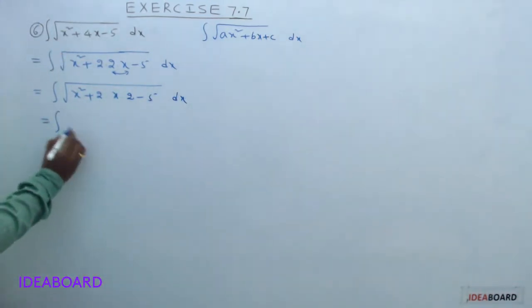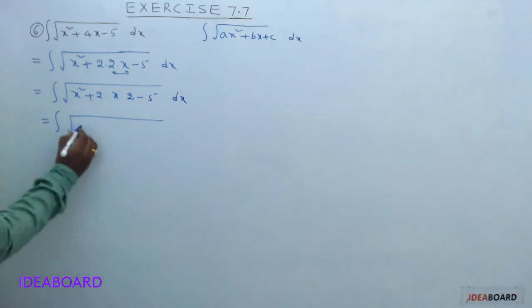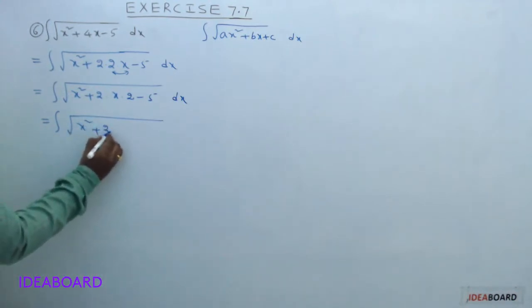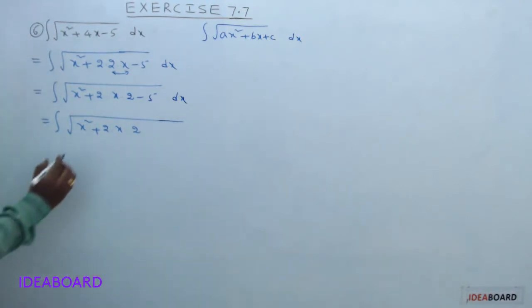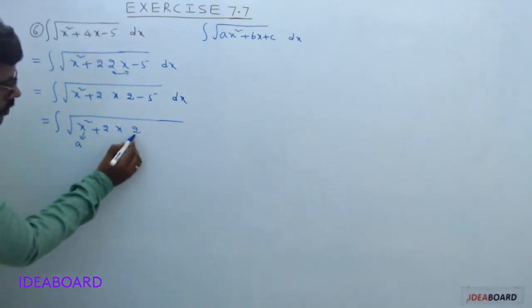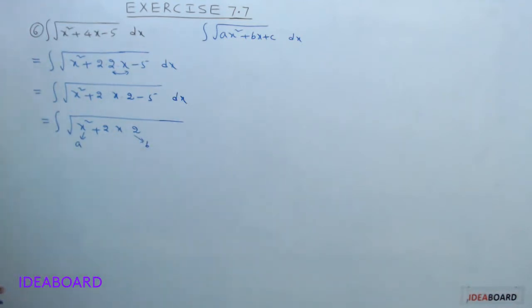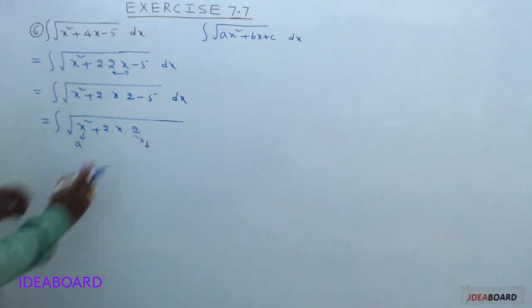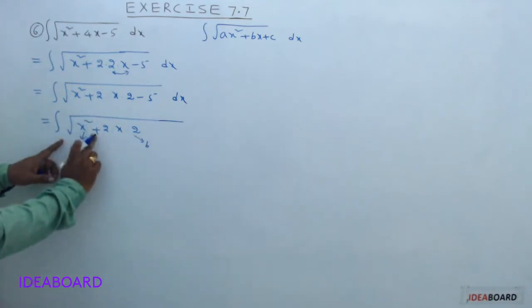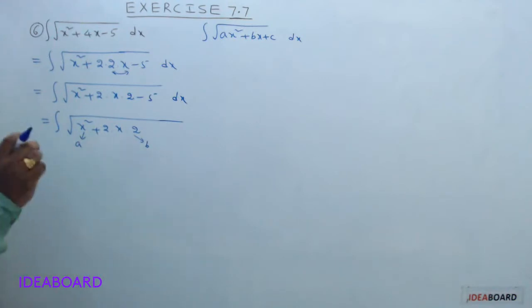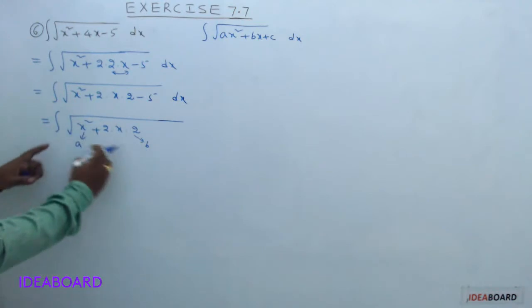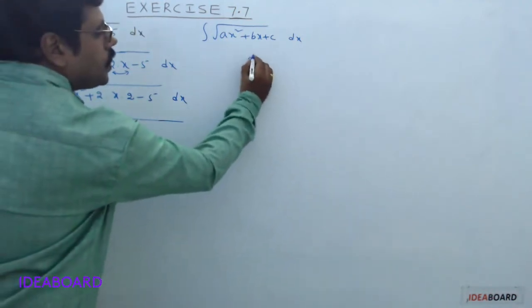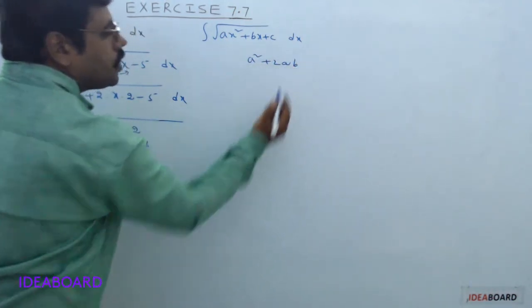Now this is equal to integral square root of x² plus 2 into x into 2. Suppose if you consider this x as a and this constant 2 as b, then this expression is of the form a² plus 2ab.